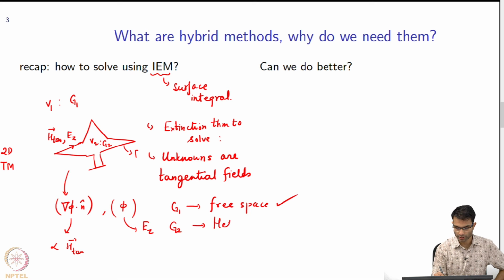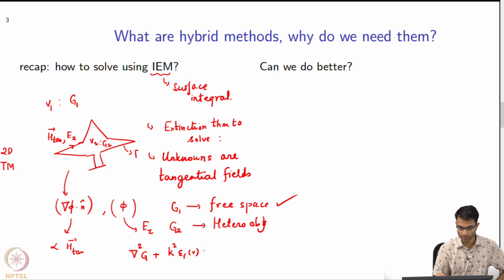So for a heterogeneous object, your differential equation, if you remember, del squared g plus k squared epsilon r g of r, r prime is equal to minus delta of r prime.